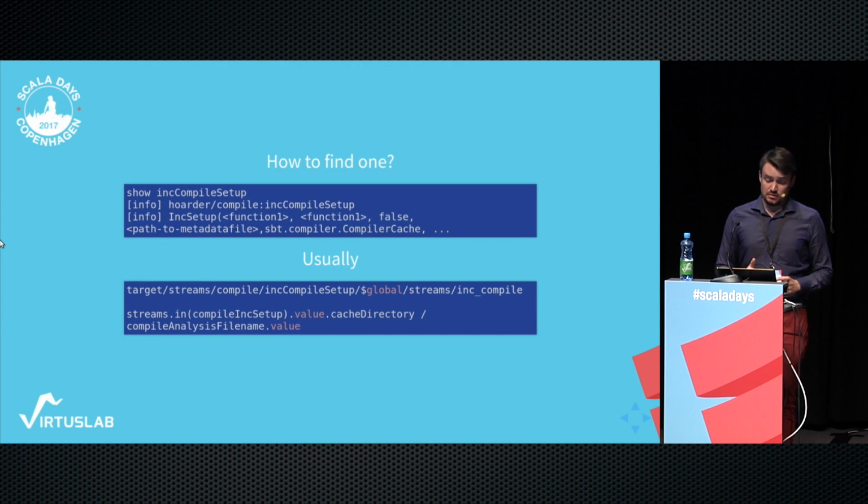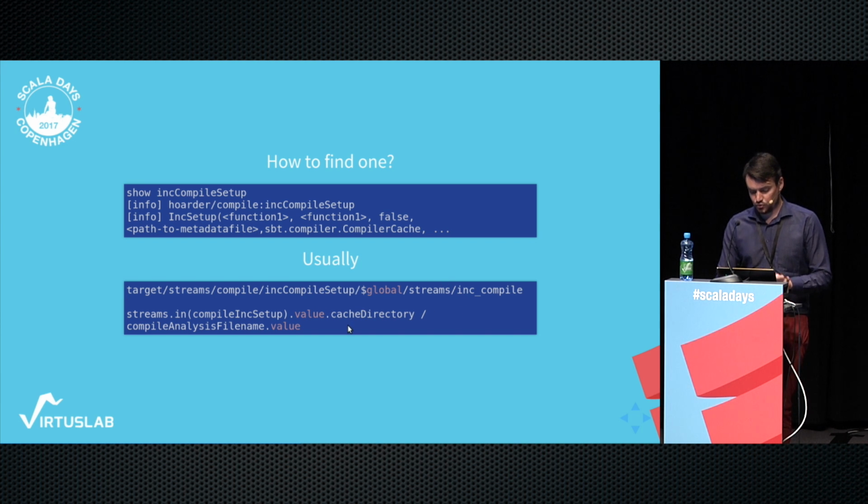If you want to access it, it's not that hard. If you do an SBT show incCompileSetup, you will get a case class printed, and the fourth parameter in that case class is a path to the file with this metadata. It's usually something like that.